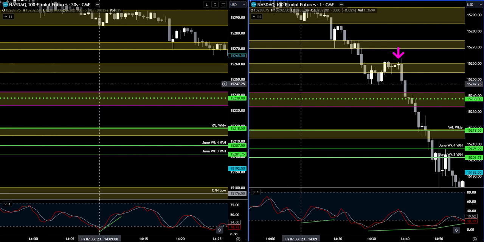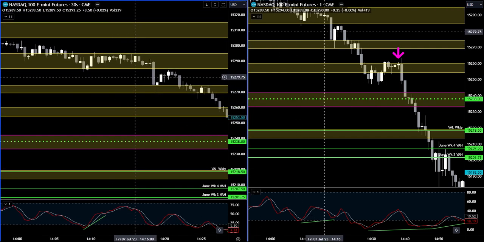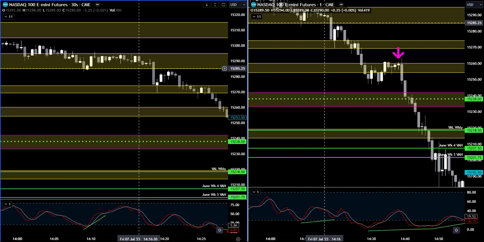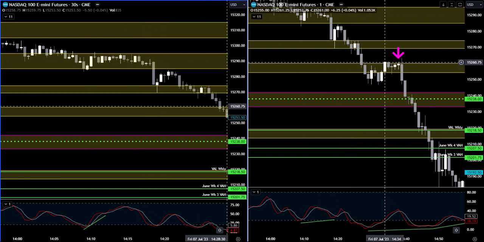So I went back and I looked and I got in at 15258.75. I'm watching this consolidation right here and I'm seeing the top of these candle wicks, and it came to the top here. I'm timing it. Of course, I didn't get the very top.